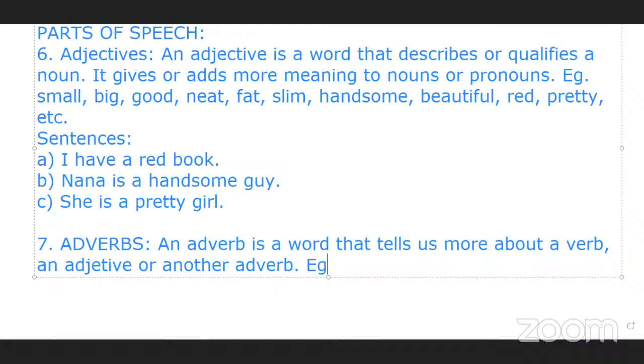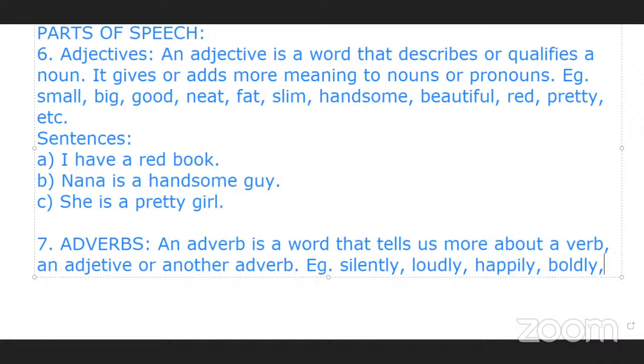Another adverb. So you are giving me some examples. Silently. Loudly. Boldly. Happily. Really.